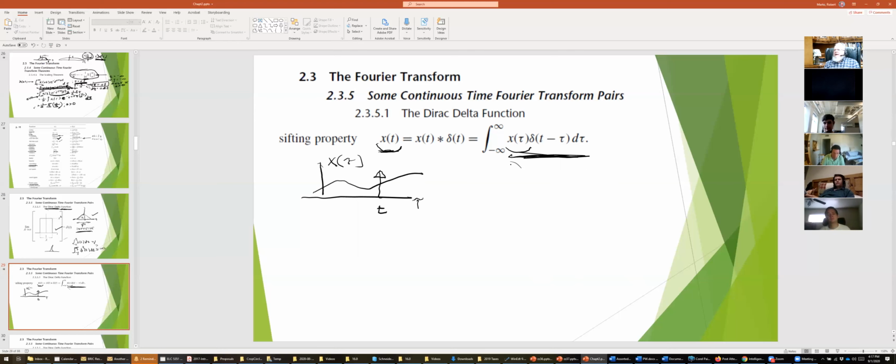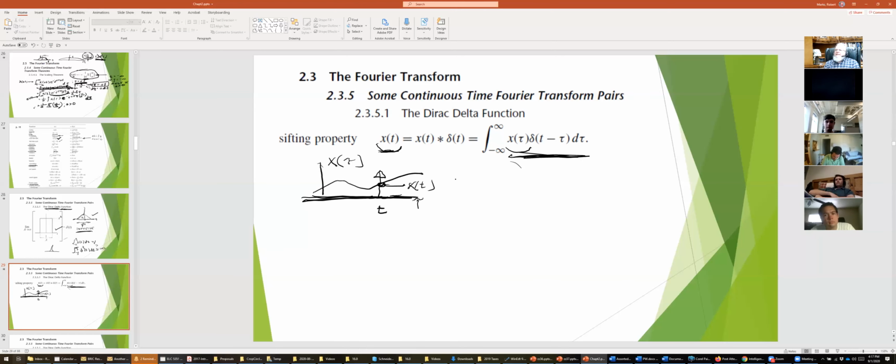So when we multiply these two functions together, we get 0 everywhere, except where the delta function exists. And what's the value at the delta function? The value at the delta function is x of t, isn't it?